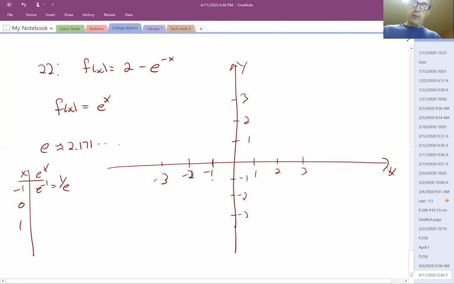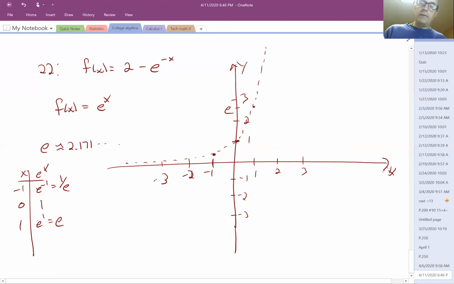So I'll plug in -1, you get less than a half about here. Plug in 0, you get 1. Anything to the 0 is 1. Plug in 1, you get e. 2.7 is about here. E is about here. So here's our base curve. I'm just going to make it dotted because that's not what we want.